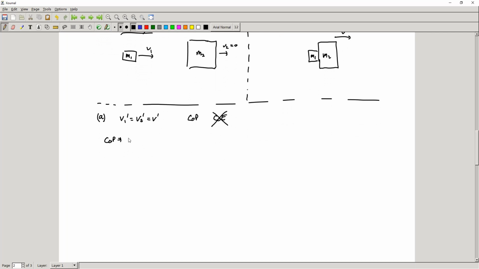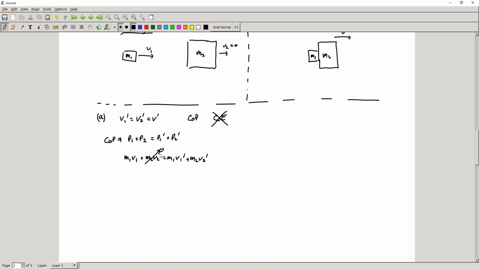As usual, we can write this down as P1 plus P2 is equal to P1 prime plus P2 prime. And we can write this in terms of the masses and velocities of these objects as follows: M1 V1 plus M2 V2 equals M1 V1 prime plus M2 V2 prime. But we can right away cancel this term because we know that M2 had a V2 of 0, right?